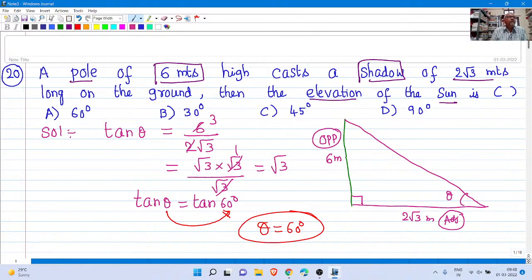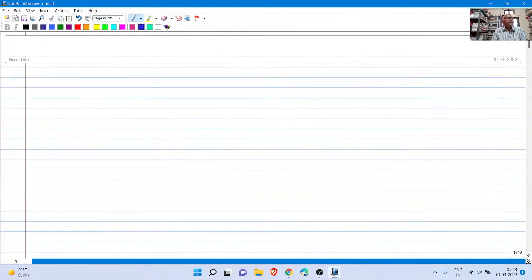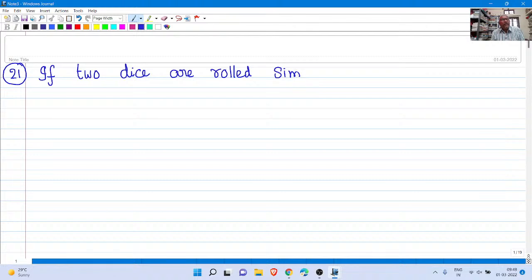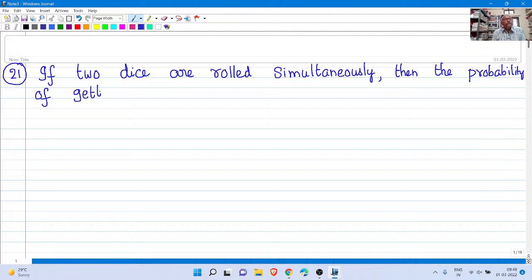So now let us move to the 21st part. If two dice are rolled simultaneously, then the probability of getting the sum or total as a prime number.